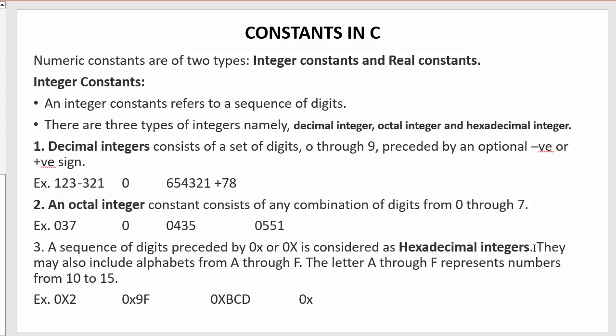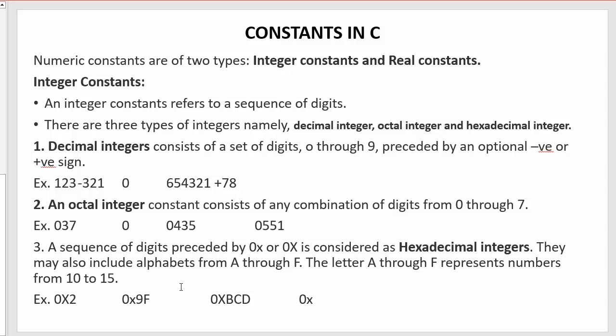Hexadecimal numbers come in the range from 0 to F: numerals from 0 to 9, and then alphabets for 10 to 15, which is 10 A, 11 B, 12 C, 13 D, 14 E, 15 F. Here you can see I have written down examples for hexadecimal integers: 0X2, 0x9F, 0xbcd. These are the examples of hexadecimal integers.